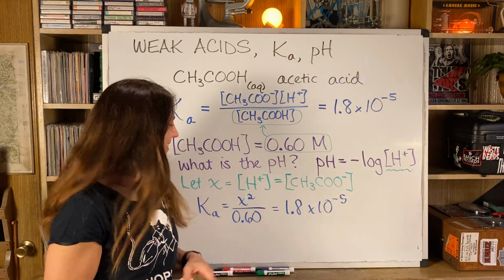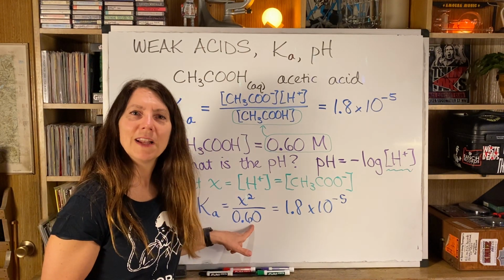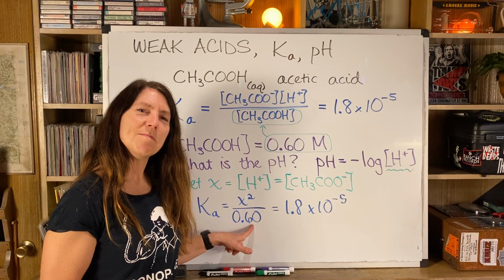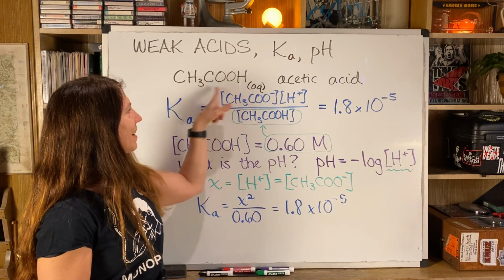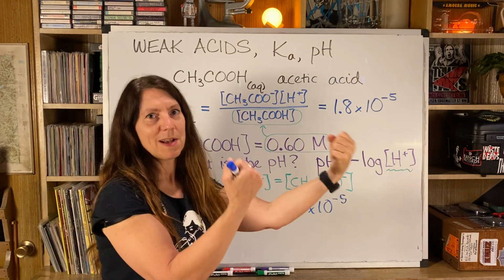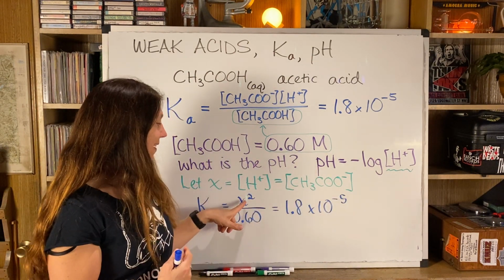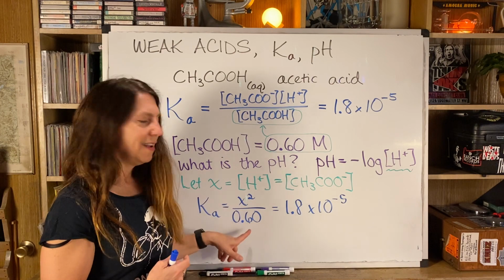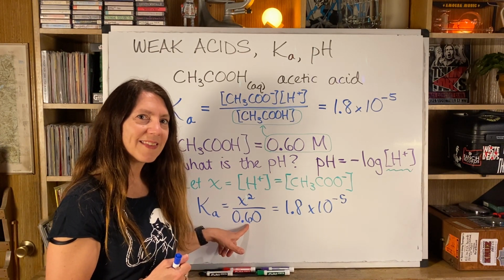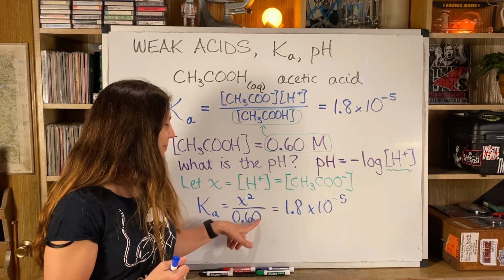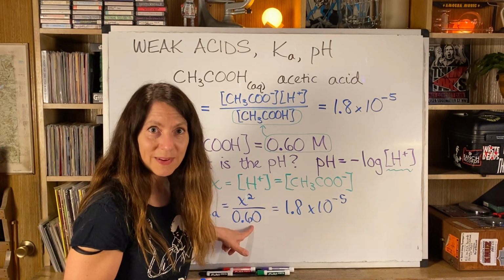Some of you might have been going, wait a minute. If we have this acetic acid that's breaking apart and forming these ions that we're calling X, doesn't that mean we've lost a little bit of that acetic acid? And shouldn't it be a little bit less than 0.60?